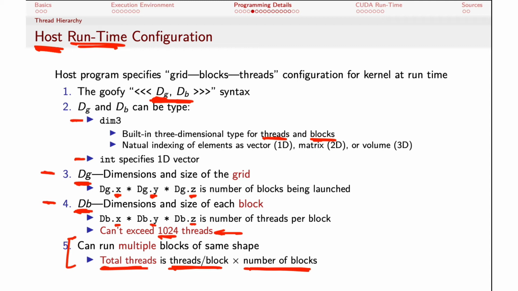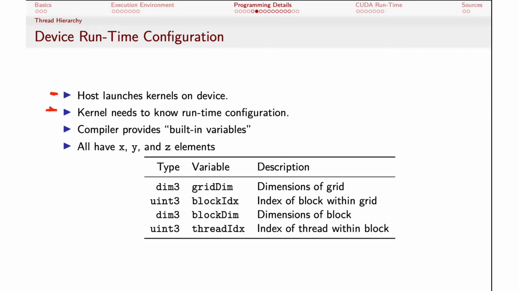If we read in a big matrix we're trying to do some operation on, and we don't know until runtime how big that matrix is, we can still do some arithmetic to figure out how we want to split that up onto blocks and threads. And that's not a compile time thing. So the kernels also have to have some way of accessing the information about the execution configuration at runtime.